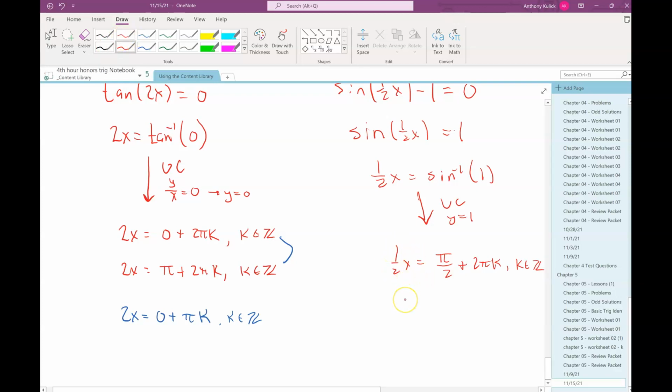I'll multiply both sides by 2. So if I subtract 4 pi, I get a negative. Don't want that. So pi is my smallest answer. If I add 4 pi to that, I get 5 pi. That's way too big, right? My interval is 0 to 2 pi. So that's my only answer from over here.